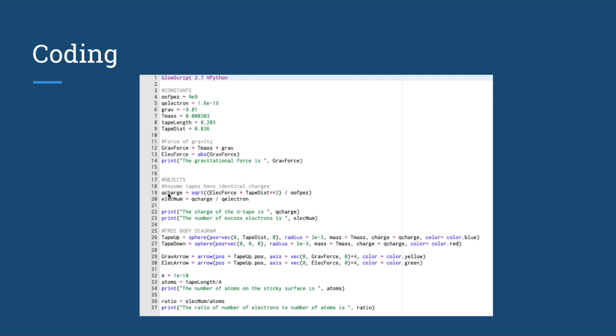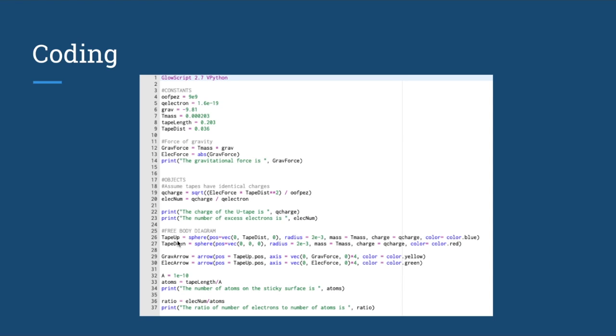To get Q charged, I rearranged Coulomb's law to solve for Q. So I took the square root of the electrostatic force times the distance squared divided by the constant. And for the number of electrons, I did Q charge divided by Q electron, the constant.